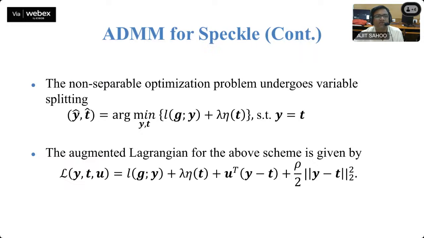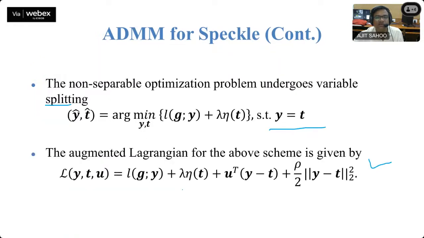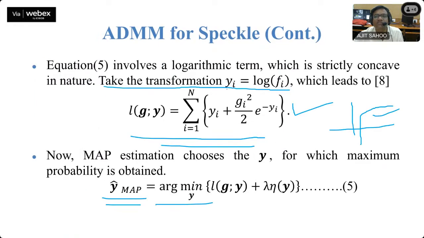The non-separable optimization problem undergoes variable splitting, so it becomes LGY plus eta of t such that y is equal to t. With the same ADMM approach, you get the three updates. At last you have to reverse the transformation, because in between we took the transformation y equal to log f_i.